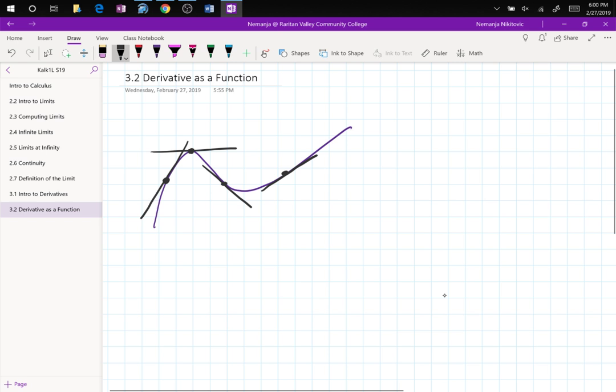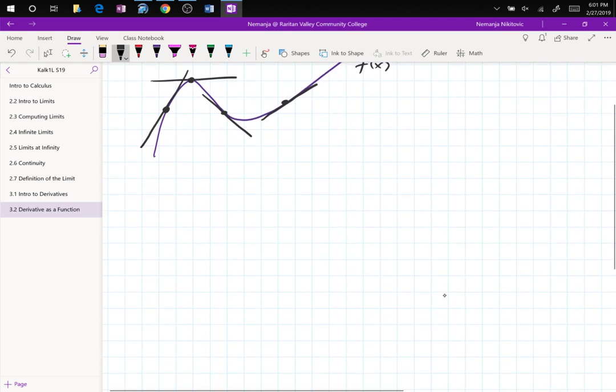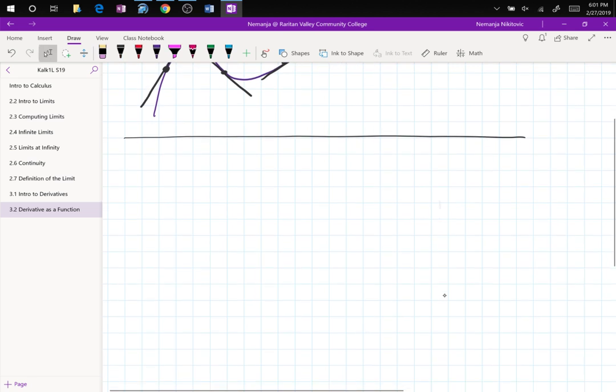If I have f of x and I have all these points, and we know that we can draw little tangent lines everywhere, can I somehow draw the graph of the derivative without actually knowing what the function is? And the answer to that is yes. We can sketch it. It's not going to be perfect, but it's going to provide enough information for us to actually use for what we needed.